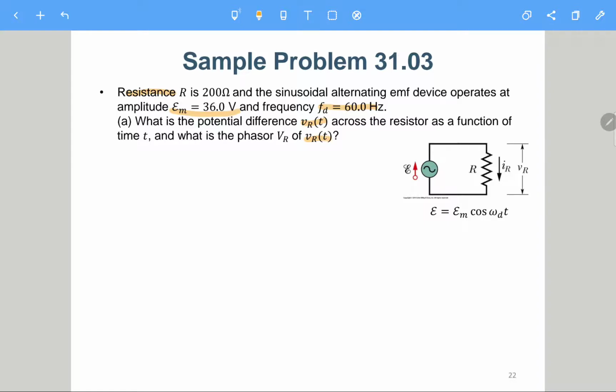So this is the simplest case. Even if you don't care about the phasor, you can still get it right. Actually omega_d is 2 pi f_d, which is 120 pi radian per second.